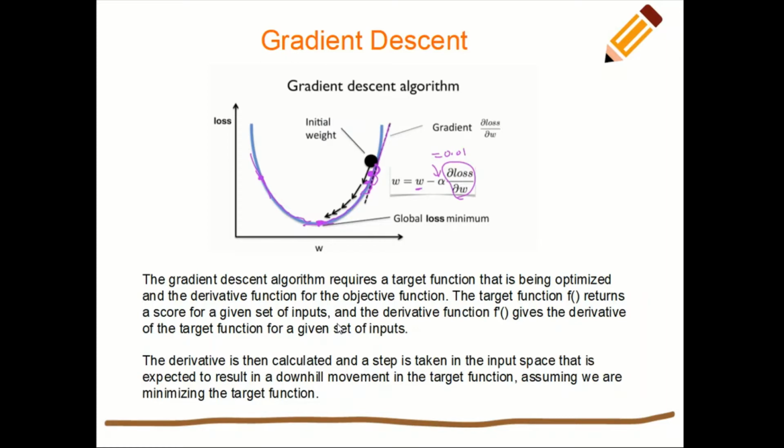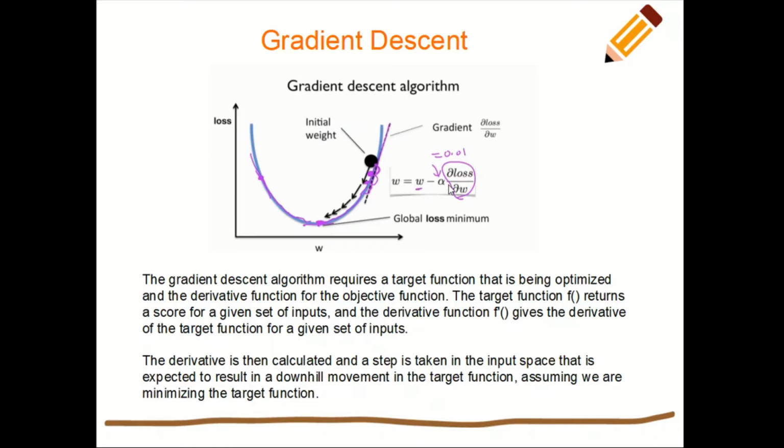Now, coming to the optimizers, gradient descent is the most basic optimizer that we have. What happens is we have a target function, and we take the derivative or the gradient of that particular function. And then we multiply the gradient by the learning rate and subtract it from the actual weight.